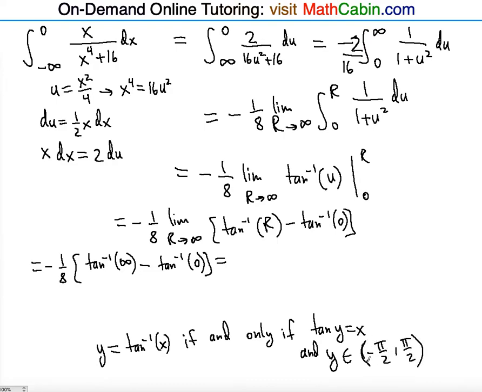Why are the endpoints not included? Because the tangent of negative pi over 2 or pi over 2 is undefined. There's no value at pi over 2 and negative pi over 2.